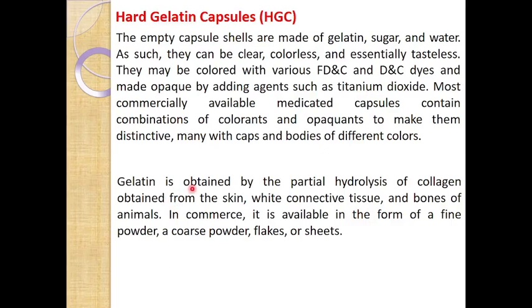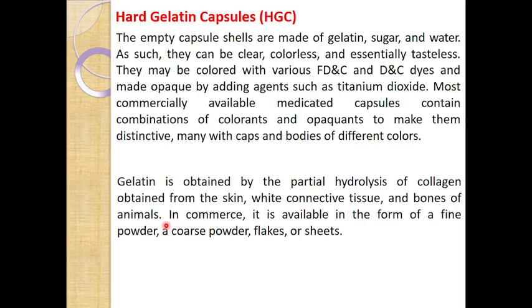Gelatin is obtained by the partial hydrolysis of collagen obtained from the skin, white connective tissue and bones of animals by acidification and basification. We are going to learn that in detail in the upcoming videos.